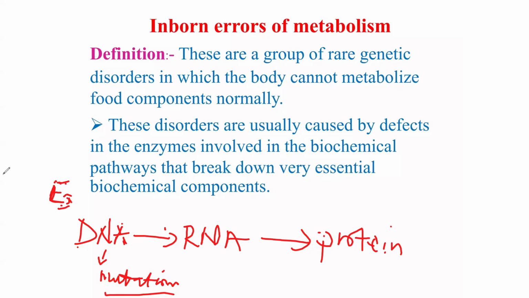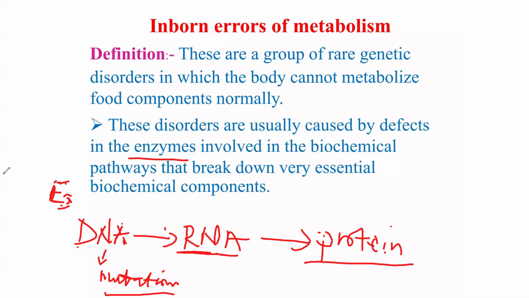Enzyme 3 has a gene in the DNA here. If the gene responsible for expressing this enzyme is mutated, there is a probability that a defective messenger RNA will be produced. Once you have defective messenger RNA, you are likely to have a defective protein, which is the enzyme.